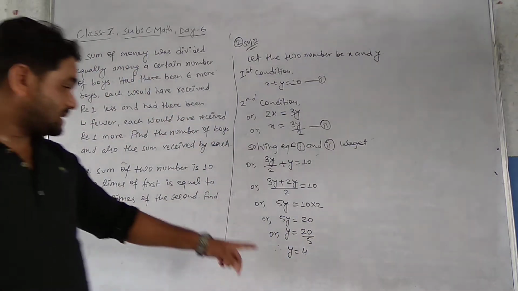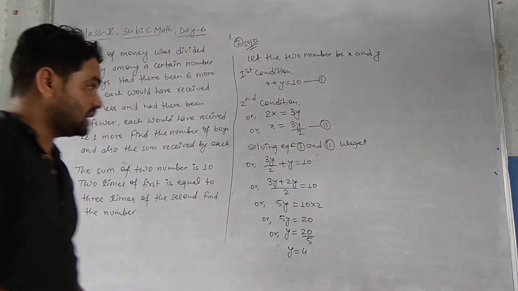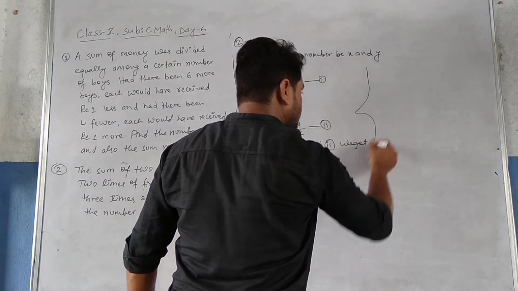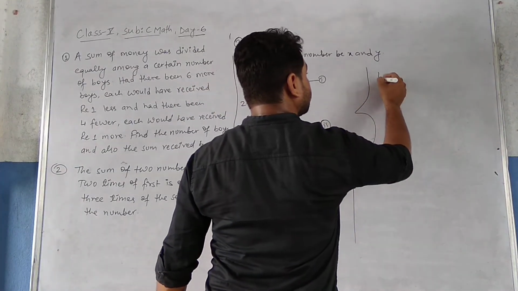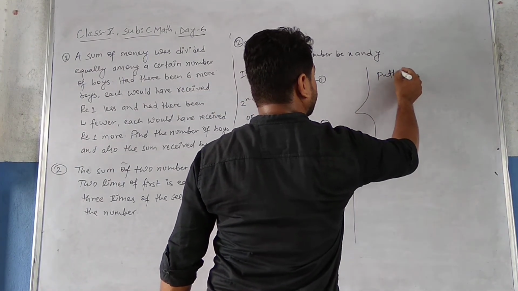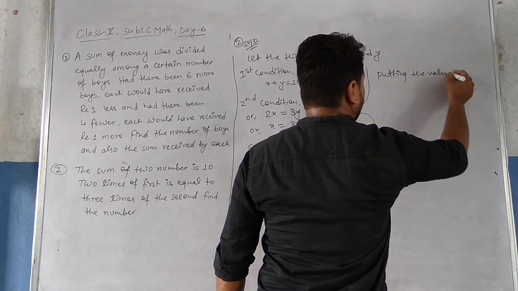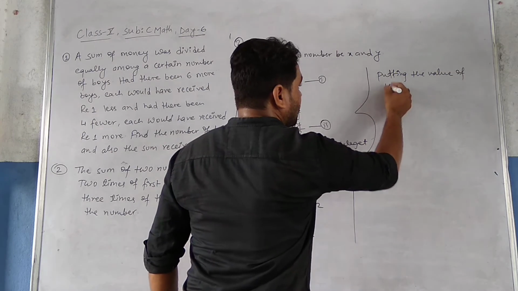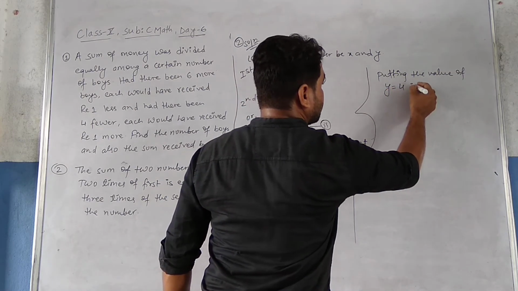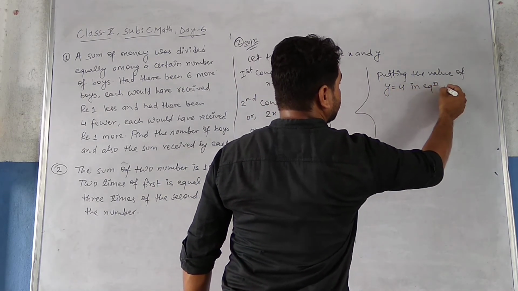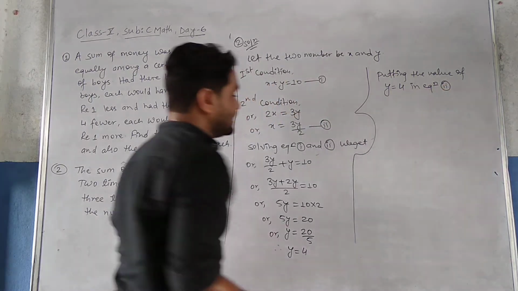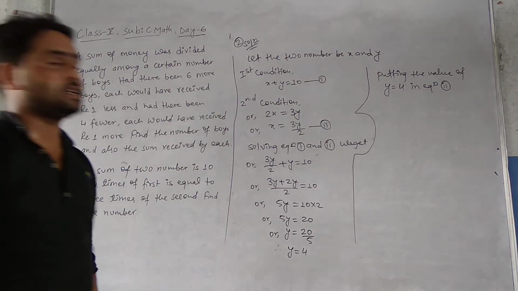That means the second number we get is 4. To get the first one, putting the value of y equals 4 in equation second, that is easier. You can put it in equation first also.